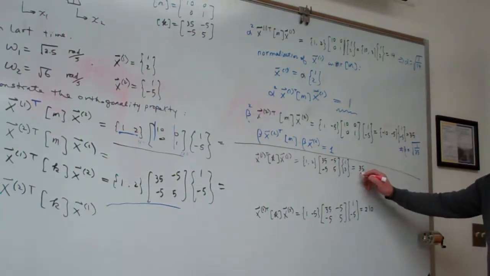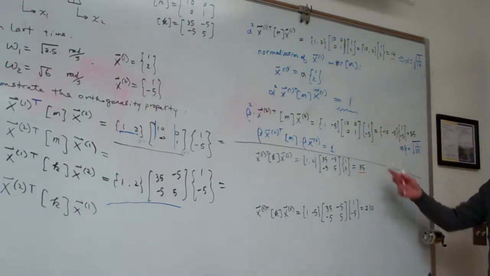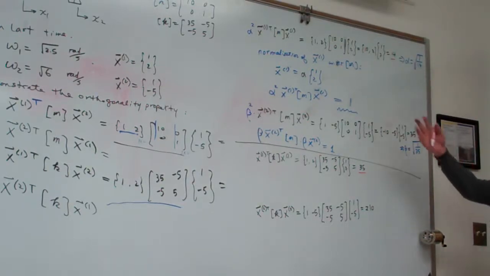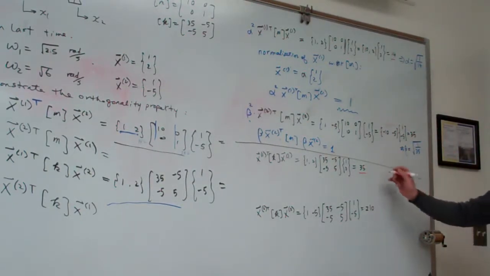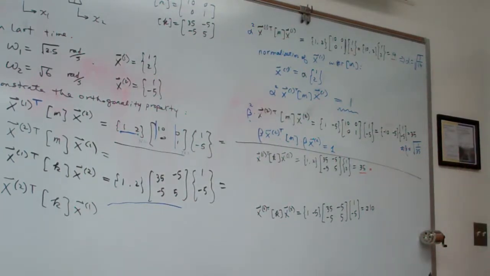If you compare this number with this number, right now I'm talking about everything not on the normalized information yet. If you compare the two numbers, you can see they have such a special relation.